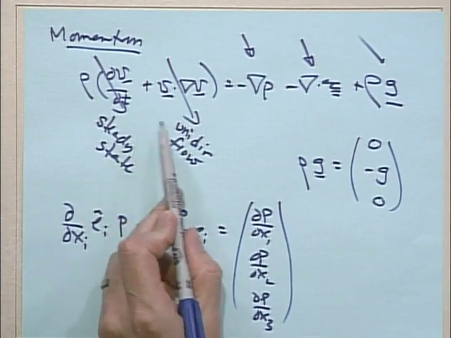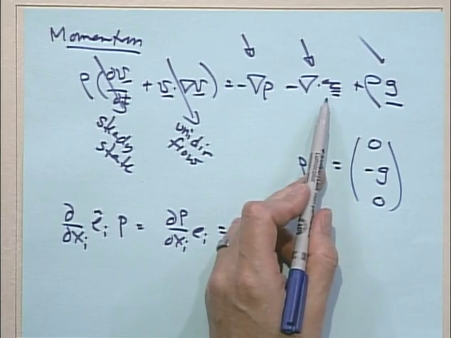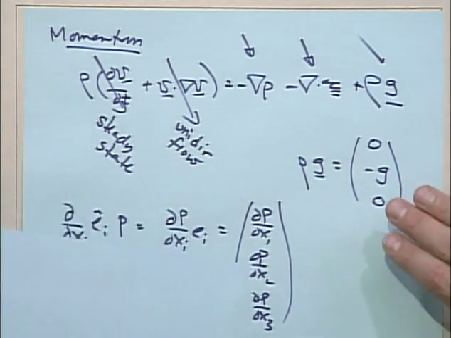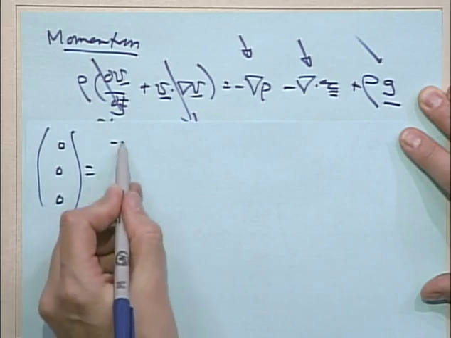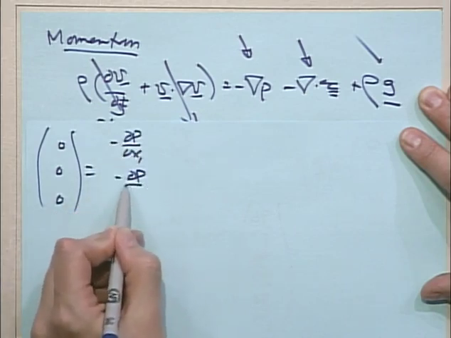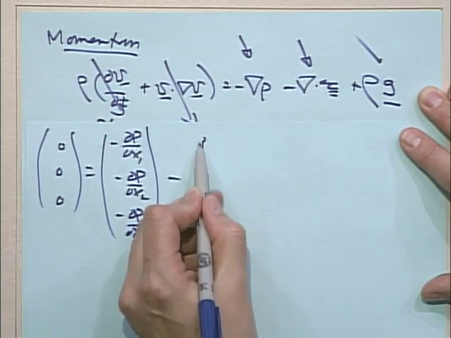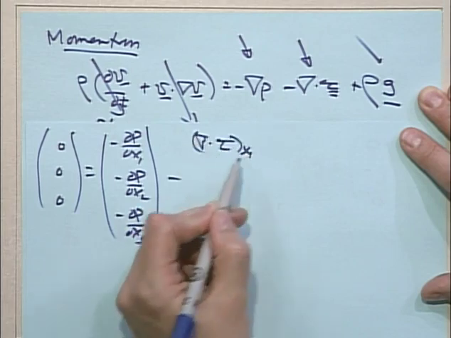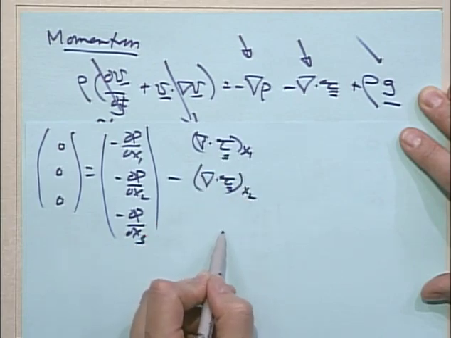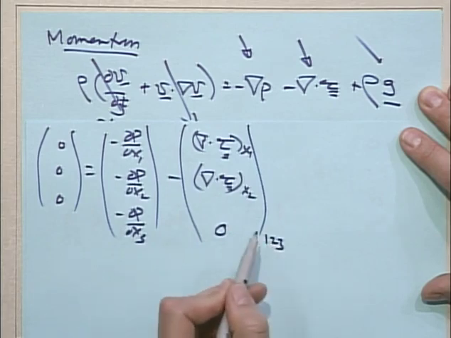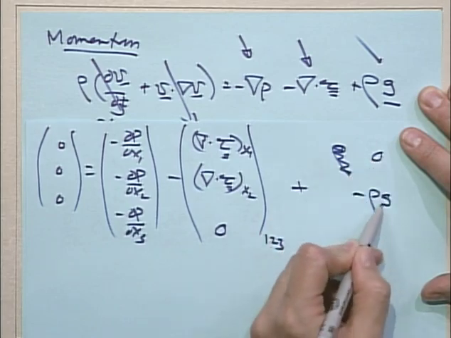It's 0 equals this term minus the del dot tau term that we just did plus this one. 0 equals minus dp dx1, minus dp dx2, minus dp dx3, minus del dot tau the x1 component, del dot tau the 2 component, and del dot tau the x3 component was 0. And 0 minus rho g 0.